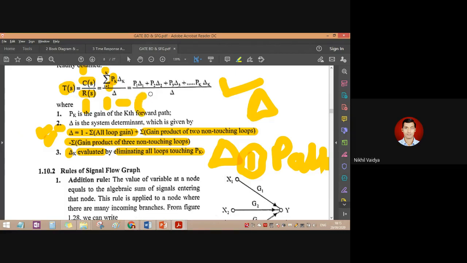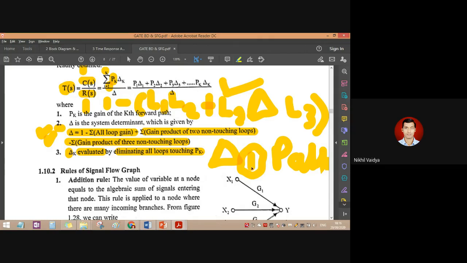Let's say I am writing loops as L1, plus L2, because it is a summation, and let's say L3. This is the equation I am writing here, all loop gains summation.